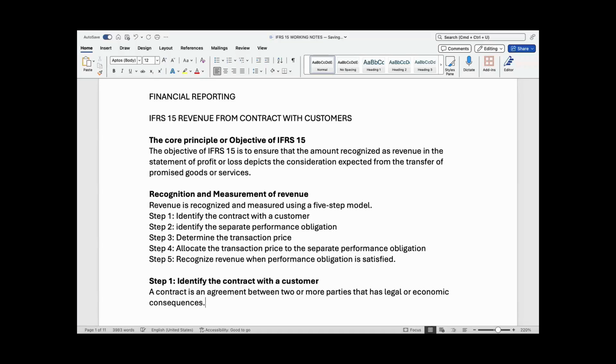And a contract qualifies under IFRS 15 if it meets the following criteria.